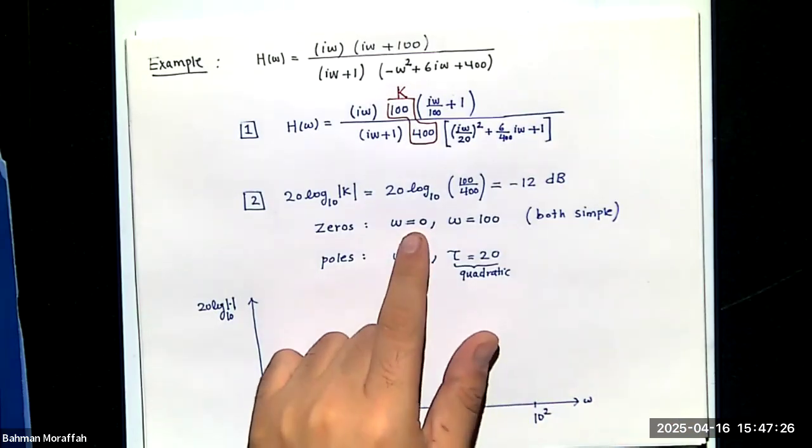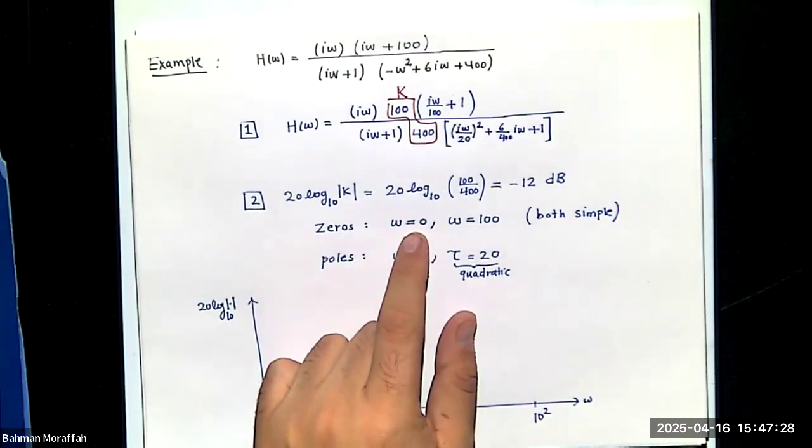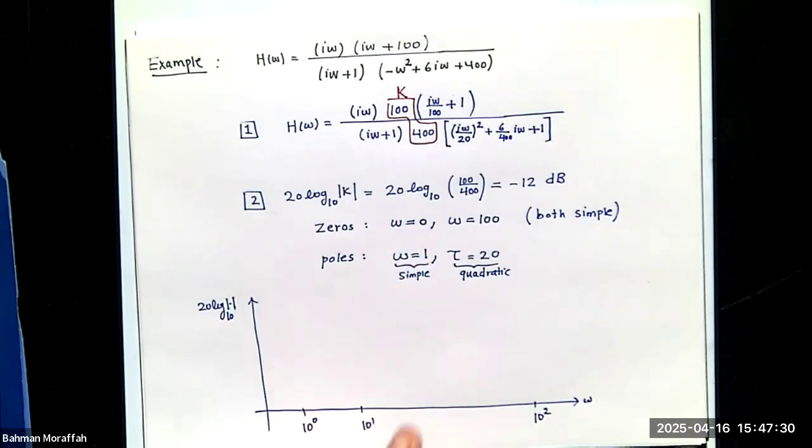What is my first 0? It's 0. How do I put 0 over here? That's a log scale. Where is 0 on a log scale? 10 to the power what is 0? Negative infinity.